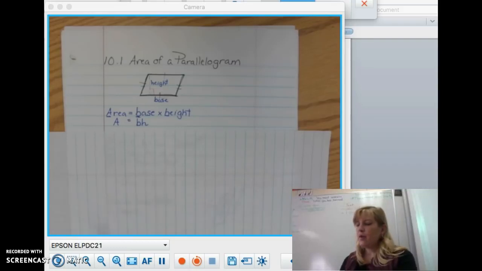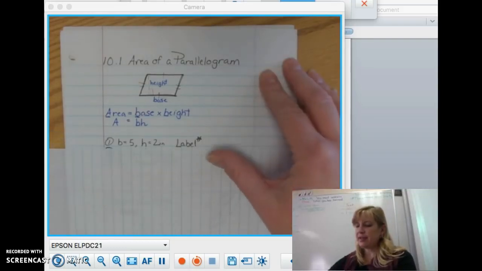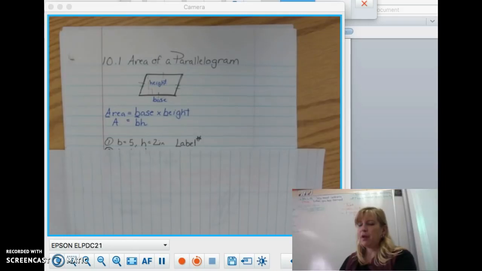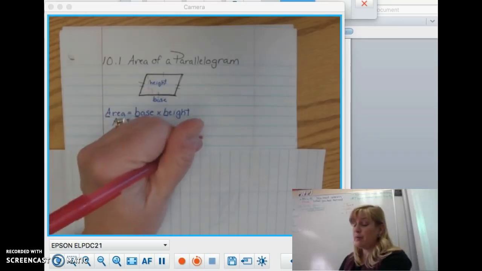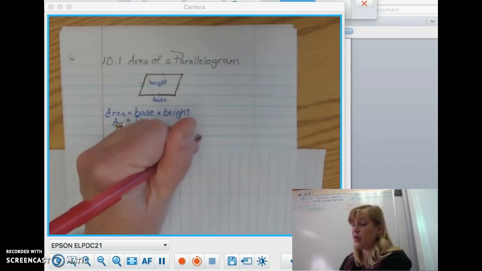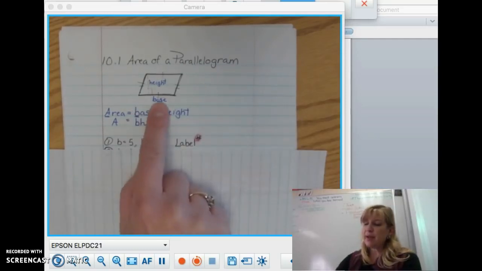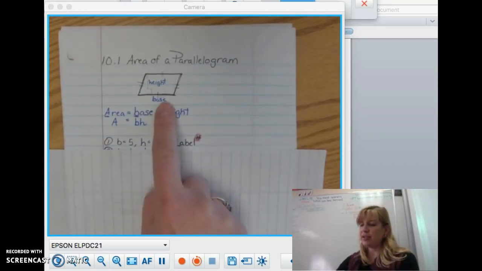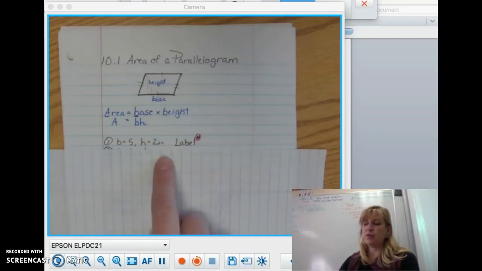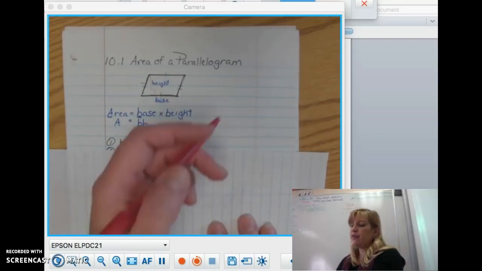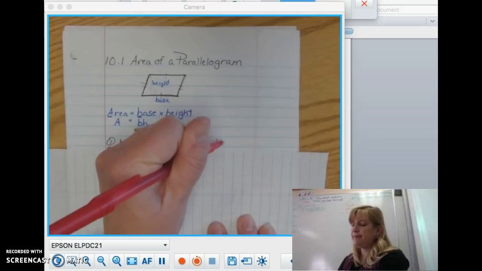Okay, we're going to do a couple together. This is a pretty easy concept, but I want to remind you of how picky I do get with labels. And that is important if you want to make a little star in red or star it and then color it in red. But let's pretend that this base is 5 inches and the height is 2 inches. A lot of you on a test will put 10.